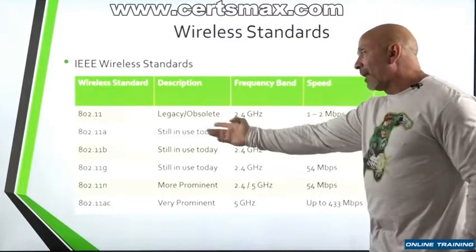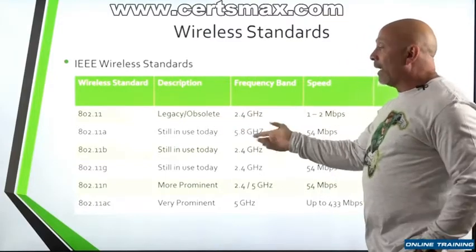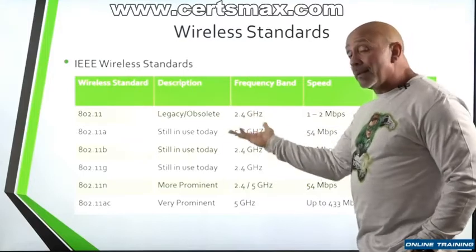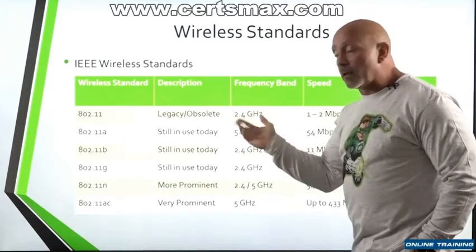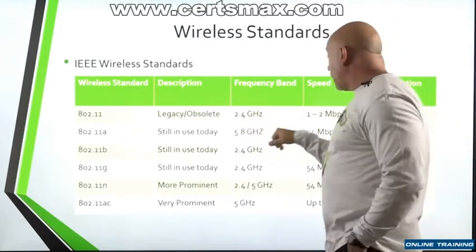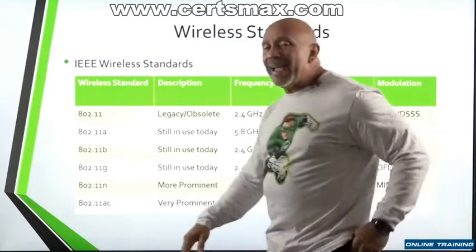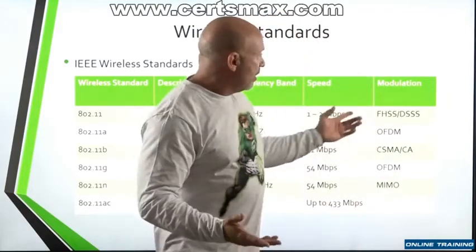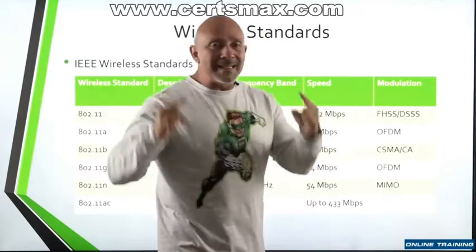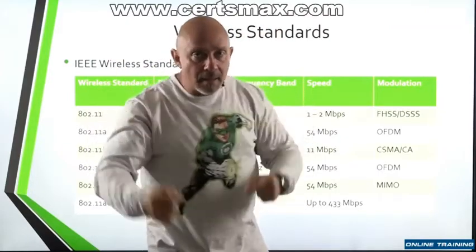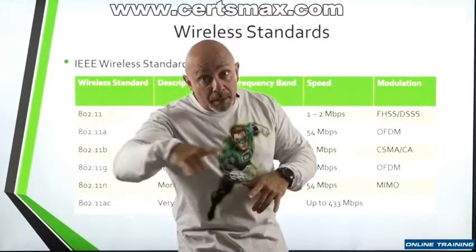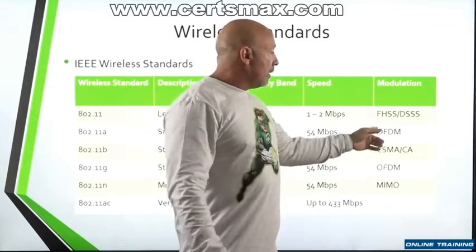So if you're on 802.11a, it's 5.8. Bottom line is they're kind of hard to get and they're costly. But 54 megabits per second, and the type of modulation, which means the intelligence that it puts on the carrier wave, is OFDM.